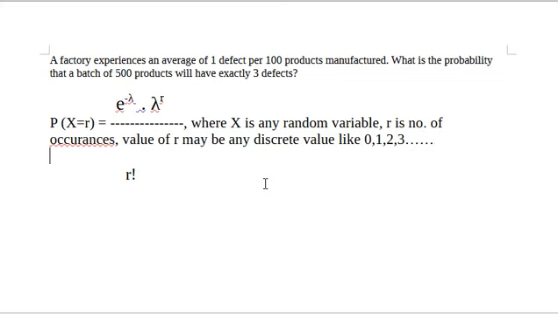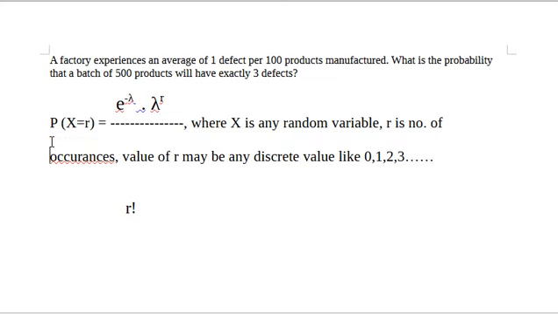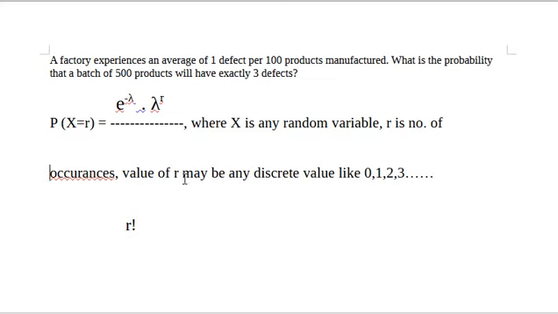Now another important thing we need to keep in mind. Okay, r factorial, why is it coming? One mistake is there, so r factorial, it will be here only.